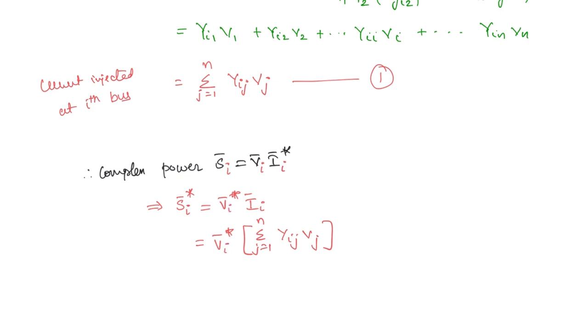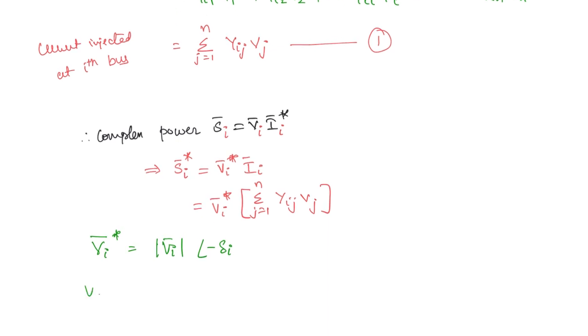Now what we will do, we will write instead of Vi bar conjugate, we will write in terms of the magnitude and phase. So Vi magnitude angle minus delta I, right? Because it is conjugate. Now Vj bar, this is going to be mod Vj angle delta j, and Yij we will write as mod Yij angle theta ij, the admittance angle we are taking in terms of theta.